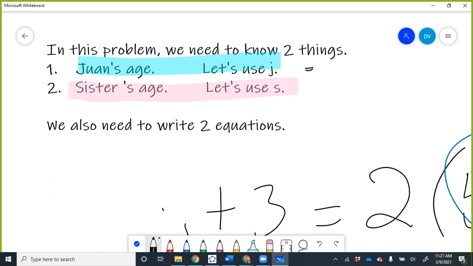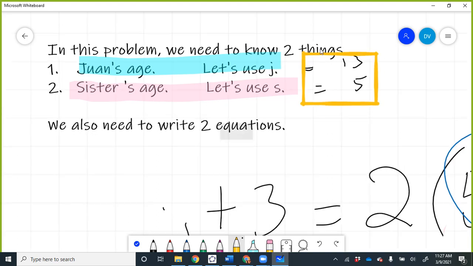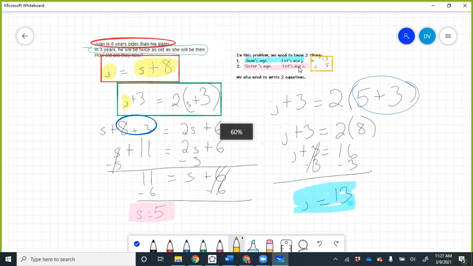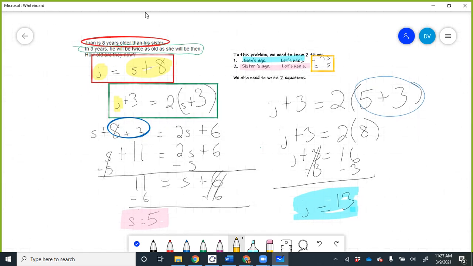That was, oh wait, I'm sorry, 13, sorry. 13 and S was 5. So that's going to be our answers. All right, 13 and 5, and I also have it down there in blue and in pink. All right.